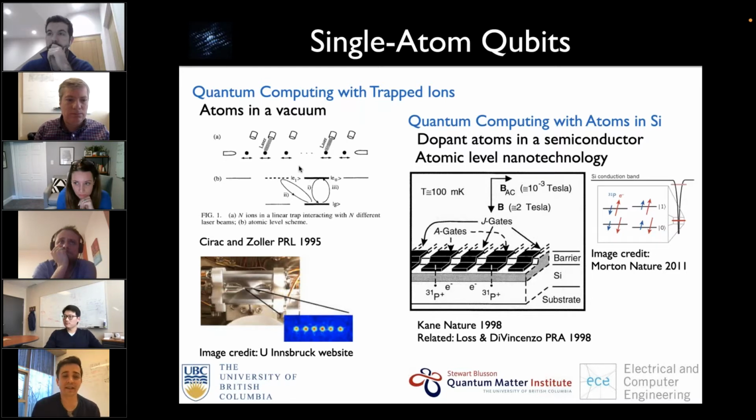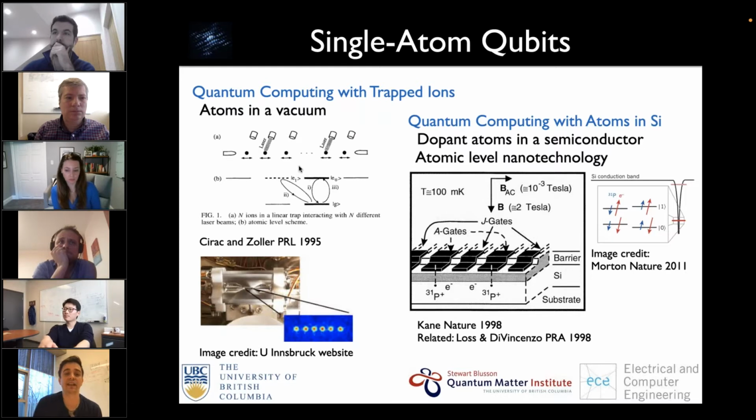There's been a tremendous amount of progress in this system since it was proposed a long time ago in 1995. You can see what the technology looks like in the photo on the bottom left: it's a rather large, macroscopic system, a few millimeters long, and there are ions trapped in it whose fluorescence you can measure and which you can focus light on.